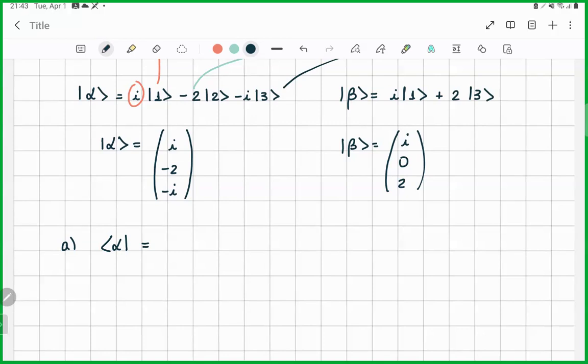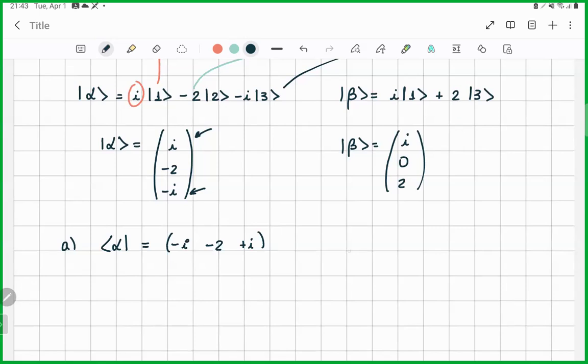So the first I becomes minus I. Minus 2 remains minus 2. And this I here becomes plus I. Okay? So this is our bra.